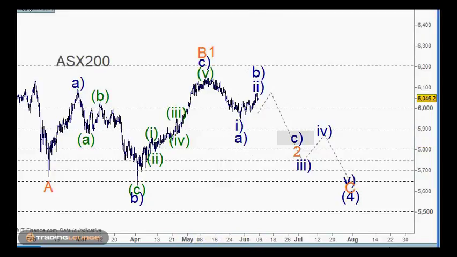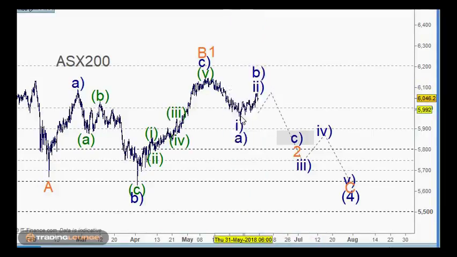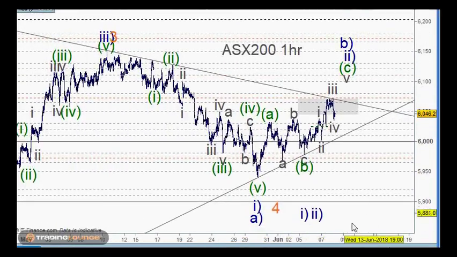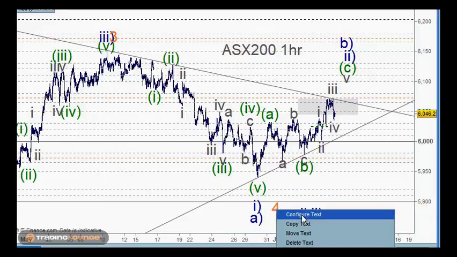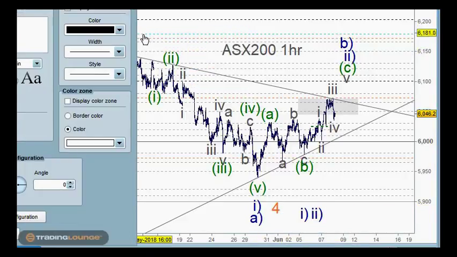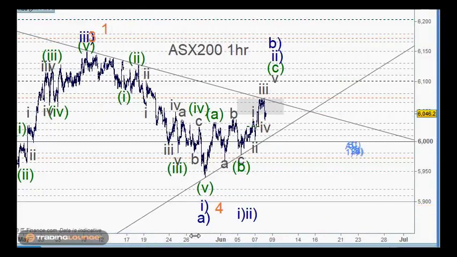So let's move into an hourly chart here, because we really want to focus in on that little space within here. We can have wave 4 here, as I've mentioned. We can have this up here. This is what we're going through with the European markets, having wave 1 here, and so on.